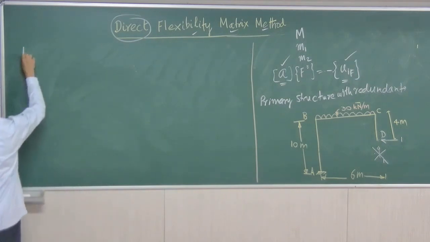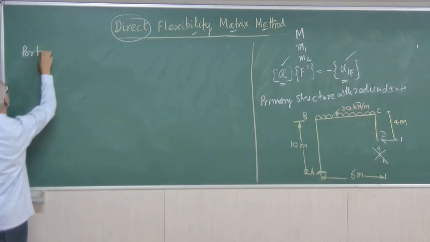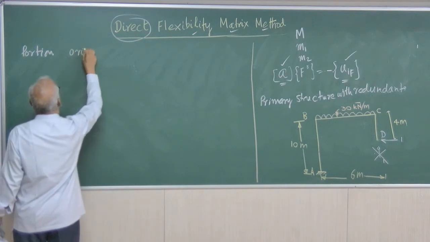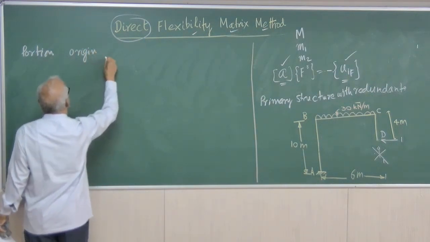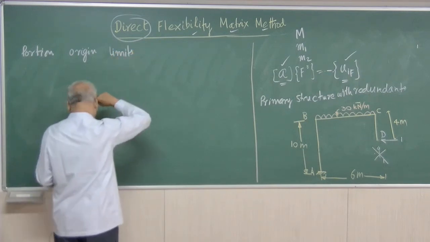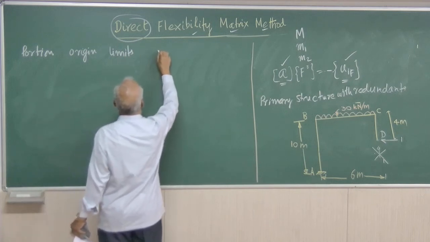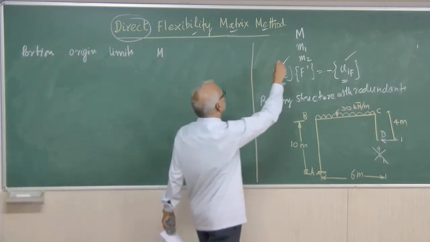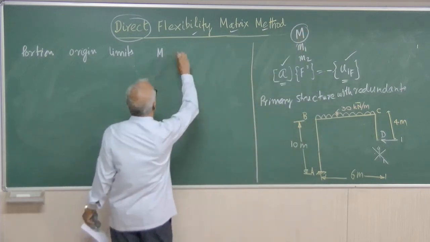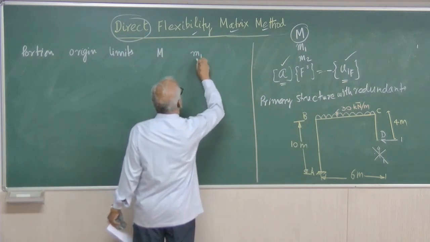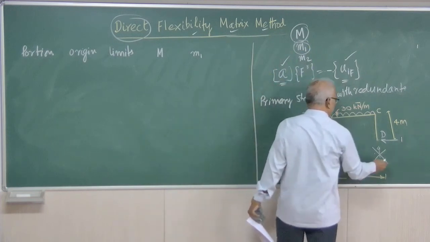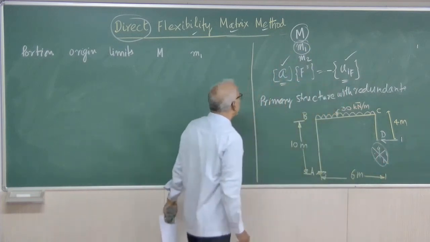So portion or section, then origin, then limits, then Mx, that is the value M due to the external load, Mx, then M1 is the bending moment at various sections due to the vertical reaction equal to unity.